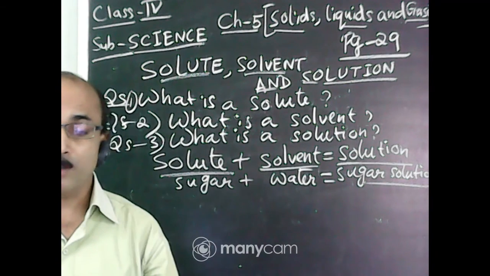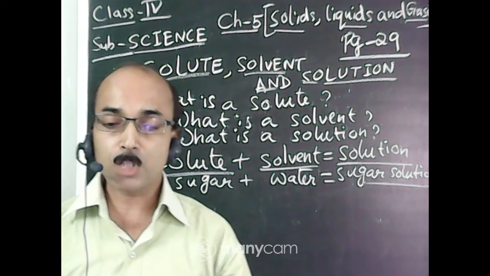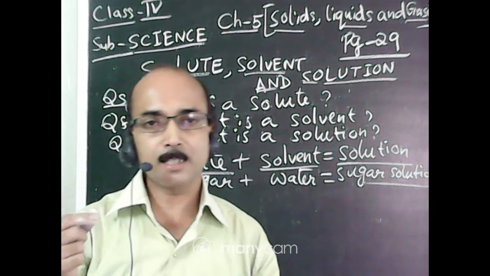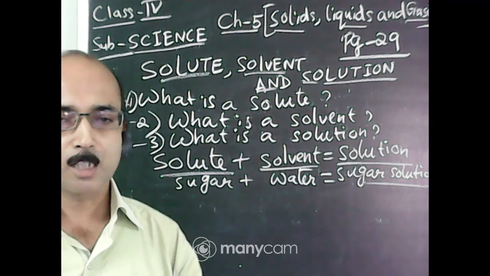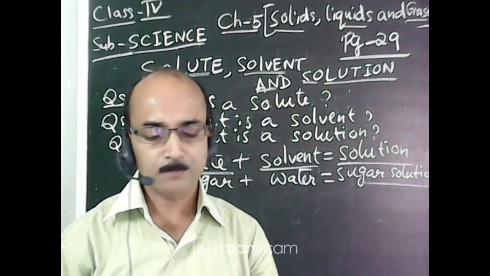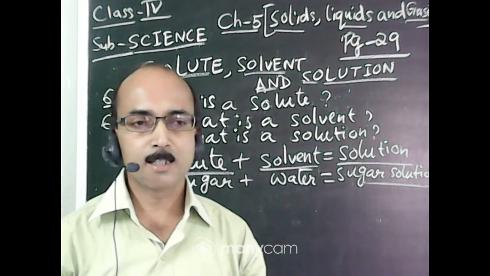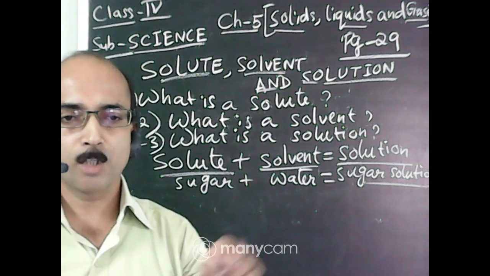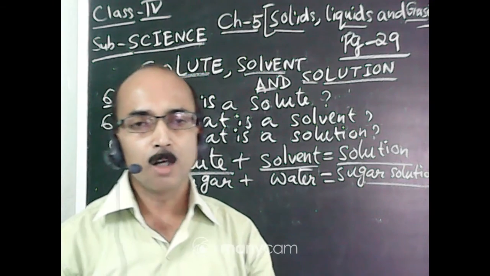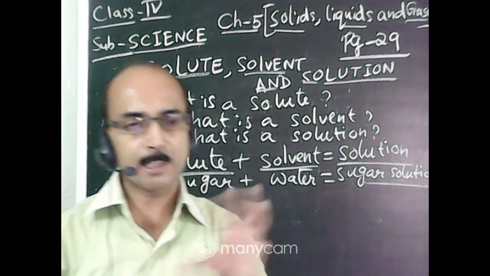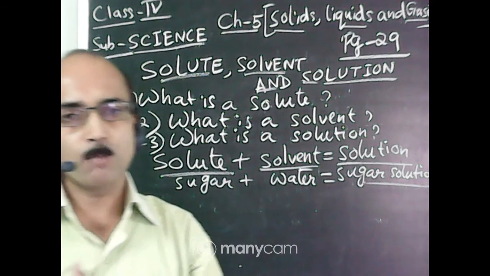See, when all the empty spaces between the solvent, suppose water is there. What is the liquid? There are empty spaces in the water molecules. Small intermolecular spaces are there. So when you take sugar in the water, you are adding the sugar with a spoon, then sugar is completely dissolved. That means sugar is taking the empty spaces of the water molecules.